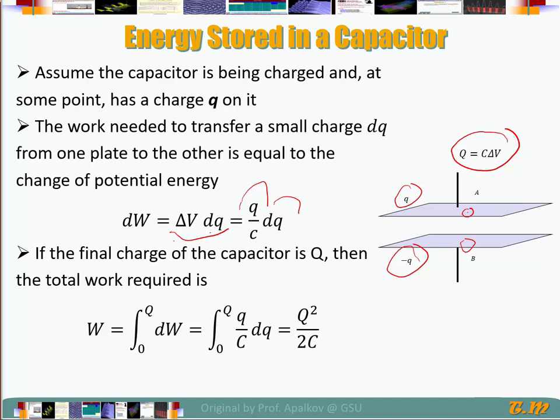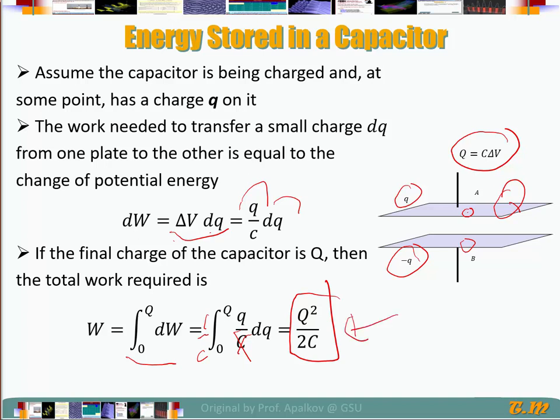So the amount of work needed to move the full charge Q of the capacitor from one plate to another is going to be given by this, by adding up all these tiny charges. When we add them up, the 1 over C comes out here, and then Q dQ, that's Q squared over 2, doing the integration.